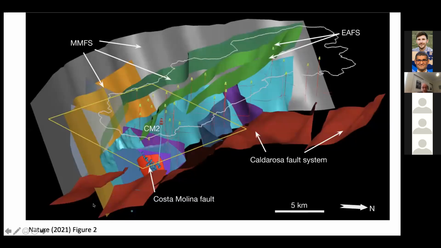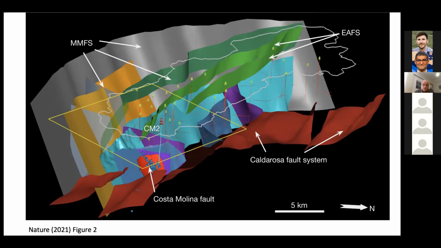This is from the Nature paper, a little more colorful diagram. This is the Cosmolina fault here, and the various producing wells and the earthquakes. The Magorno-Mandrano fault, I have to get this right, is this one in gray, and it's thought to be the source of the 1857 Basilicata earthquake that killed roughly 10,000 people.